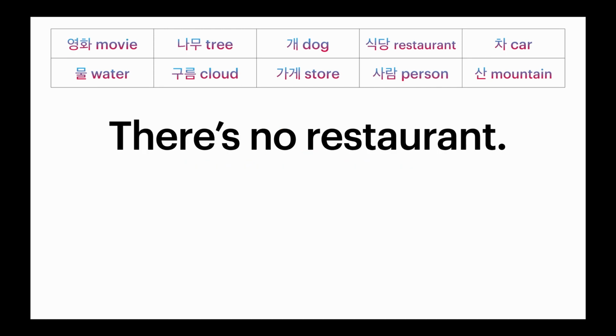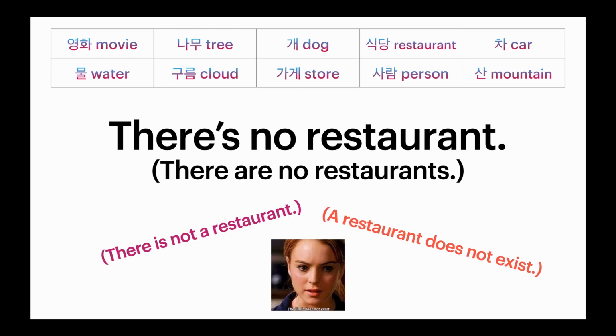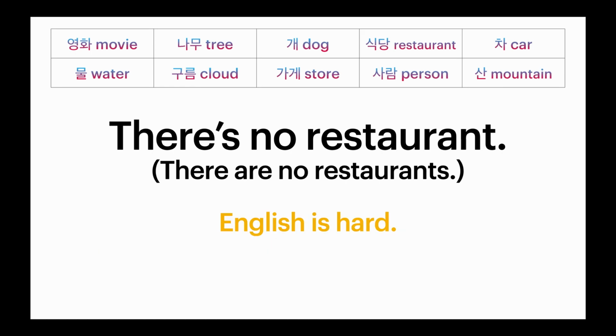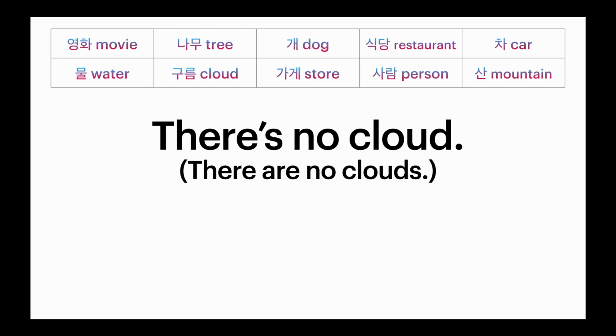Okay, how about the sentence, there's no restaurant, which could also translate to, there are no restaurants. There is not a restaurant. A restaurant does not exist. English is hard. There is a way in Korean to pluralize restaurants, but this sentence is still very naturally said singularly, so what do you think it might be? 식당이 없어요. There's no cloud.